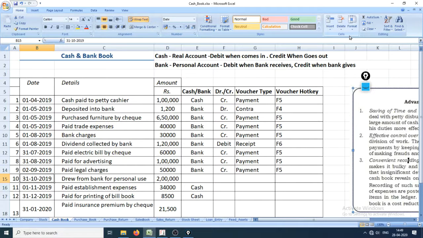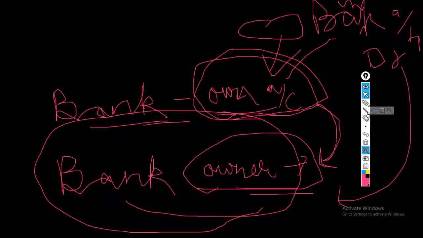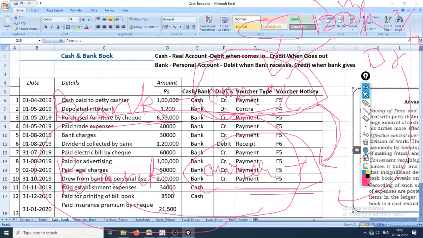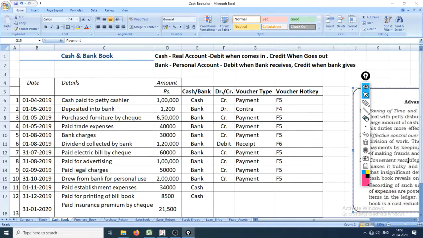And this is the entry of 31st October 2019, drew from bank for personal use. Hence, this bank account should be affected. Bank is the giver, hence bank is credited. This is a payment entry. I'll just write this entry down for you so that it will be easier for you to crack.